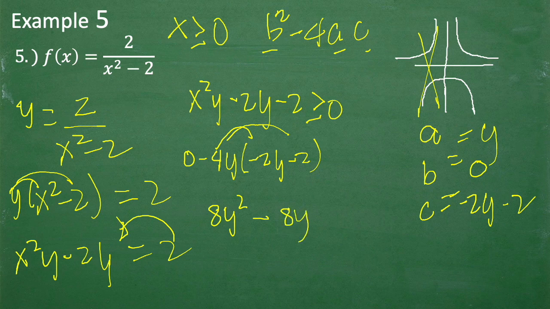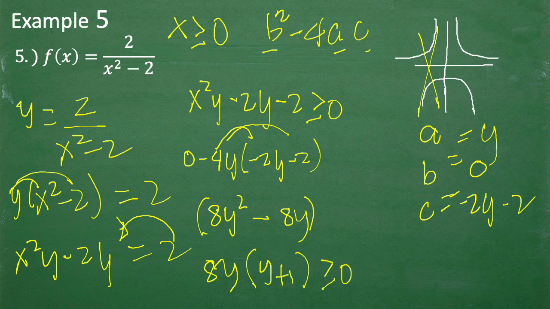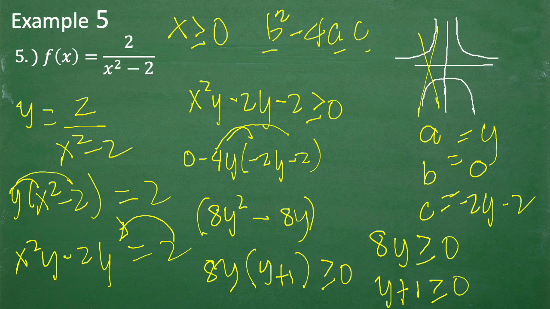And then we factor out the common term, which is 8y. So we will just remain with y plus 1, greater than or equal to 0. So we have two values: 8y greater than or equal to 0, and y plus 1 greater than or equal to 0.